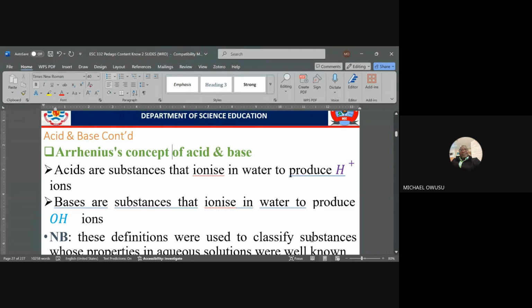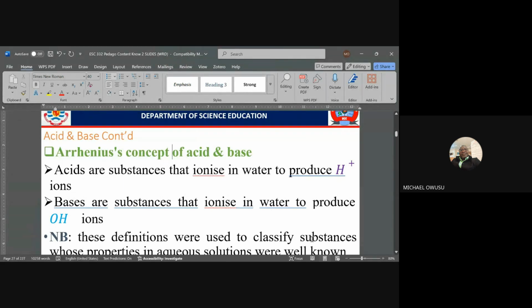H plus and OH minus, that is hydrogen ions and hydroxyl ions. Good. So the moment you are able to produce hydrogen ions in solution, that substance, water, is considered an acid according to Arrhenius.